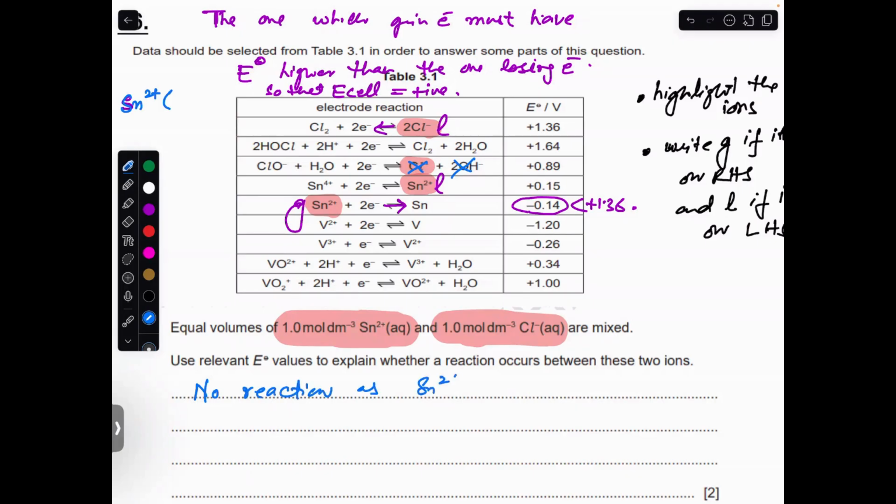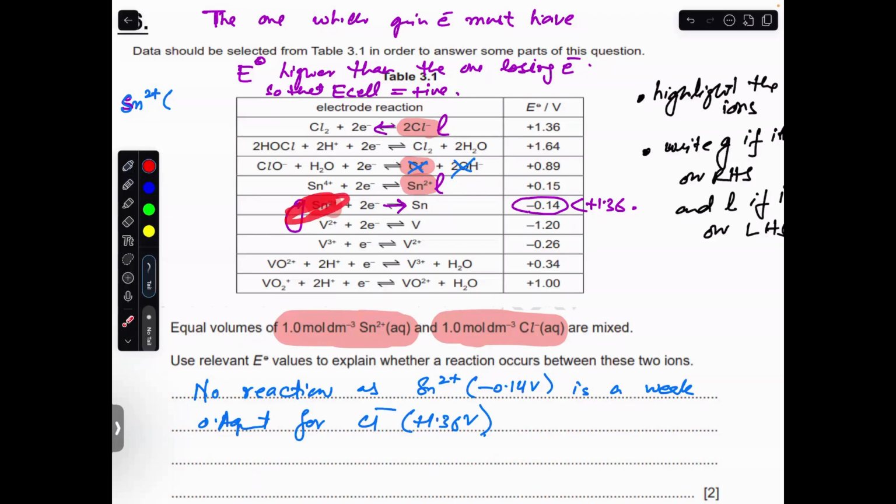As Cu(2) plus, minus 0.14 volt, is a weak oxidizing agent for chloride. It cannot oxidize it. I agree, it is oxidizing agent, but it cannot oxidize chloride.